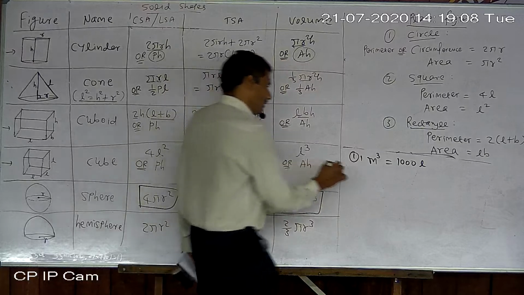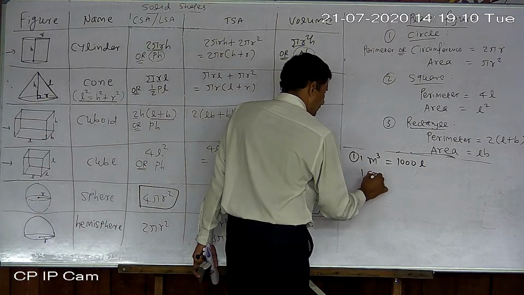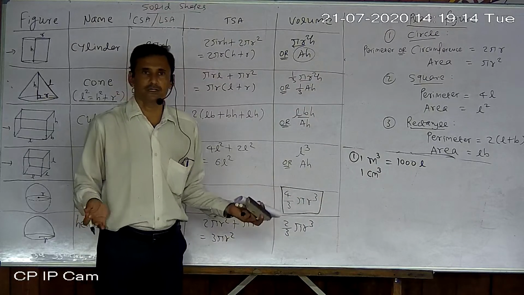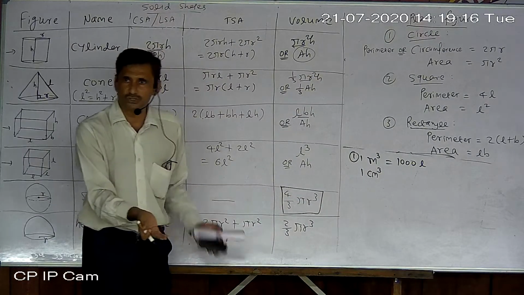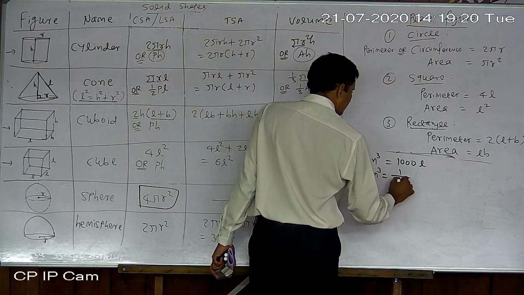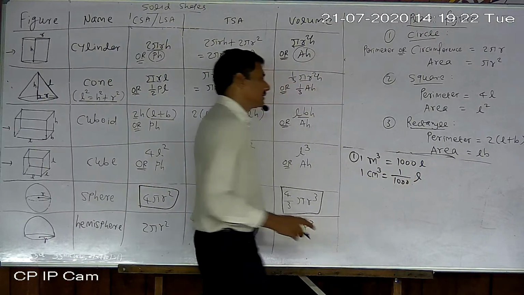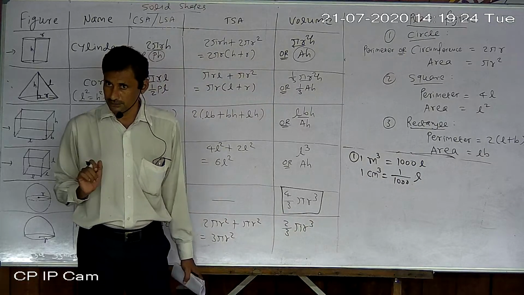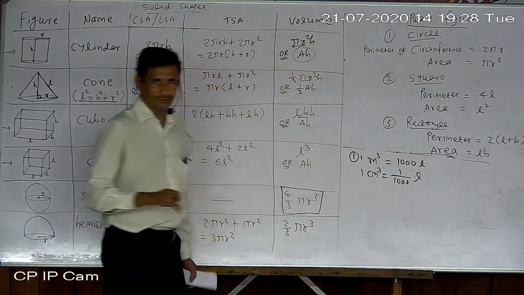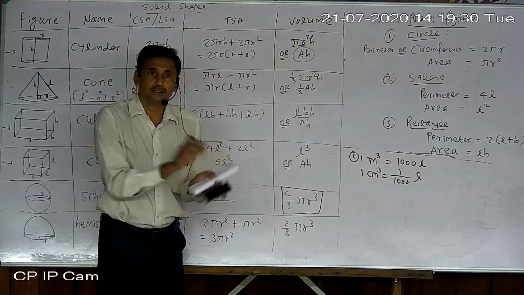And whenever you find your volume in centimeter cube, means your measurements are in centimeters, obviously your volume will be in centimeter cube only. At that time, you just divide it by 1000. Why? Because 1 centimeter cube is equal to 1/1000 liters. So when to multiply by 1000 and when to divide by 1000, you practice that in standard 9.